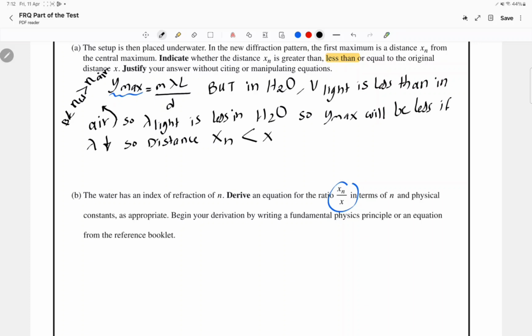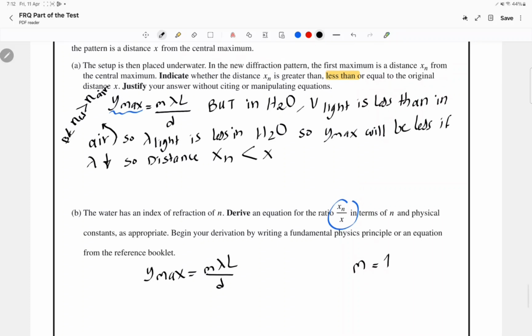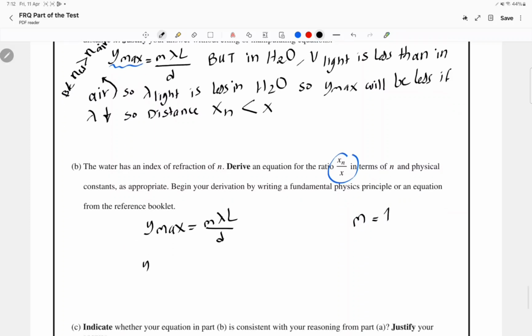So now look, we know that y max is equal to m lambda L over d. Now, m is equal to 1. M is not given. Is it given? Actually, yeah, it's first. So m is 1. So you're going to say y max is equal to lambda L over d.